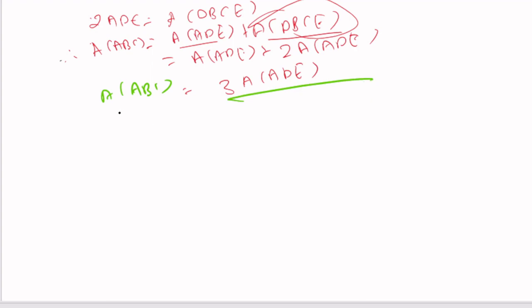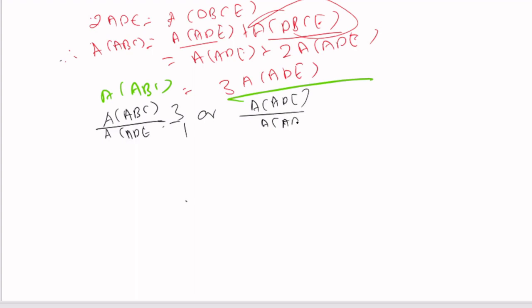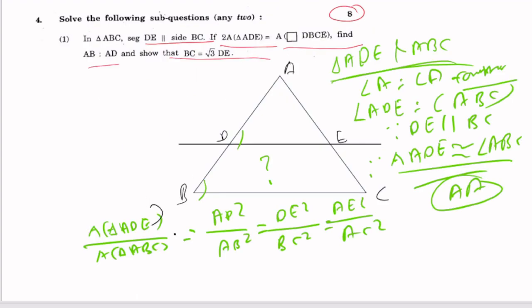Okay. So same thing we can write now. Area of ABC divided by area of ADE, I can write 3 by 1, right? Or same you can write area of ADE divided by area of ABC is equal to 1 by 3. And we have derived over here ADE and ABC, right?